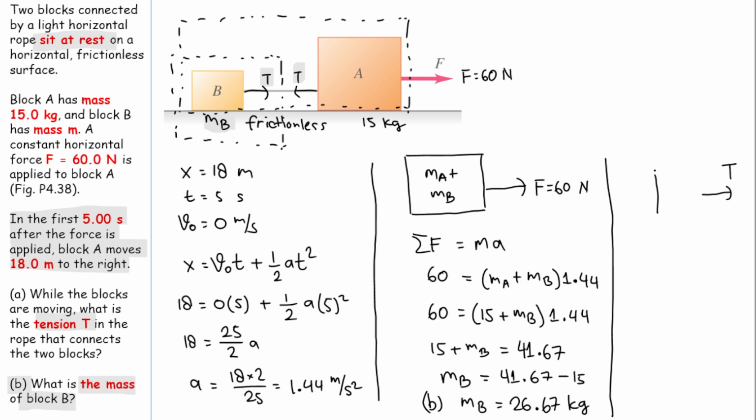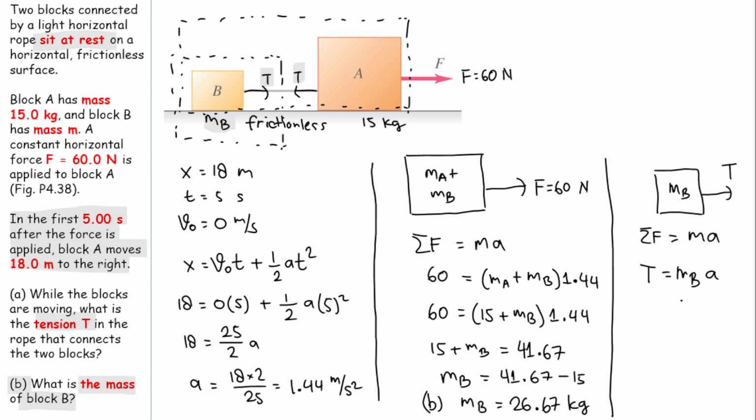And we have the mass of block B here, pulled by this T. So we have MB, and again we can use Newton's second law. Sigma F is equal to the mass times acceleration. The acceleration is the same because they are moving together, right? The only force that works here is T, and the mass is only MB. Good. And the acceleration is this one.